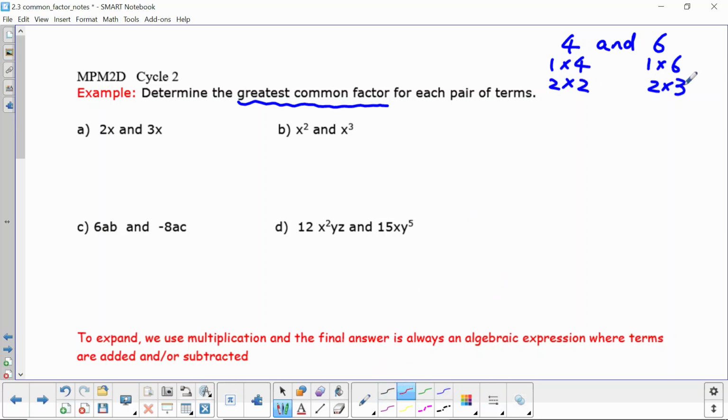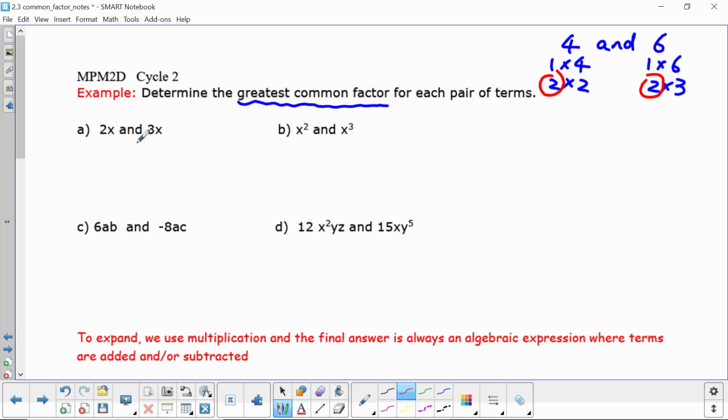We look for the greatest common number from this column and this column. 1, 4, 2, 1, 6, 2, 3. So the common one will be 2. Then the greatest common factor for 4 and 6 will be 2. So this is how we find the greatest common factor. Use your factor sheet, just find the greatest common number from the columns below the numbers.